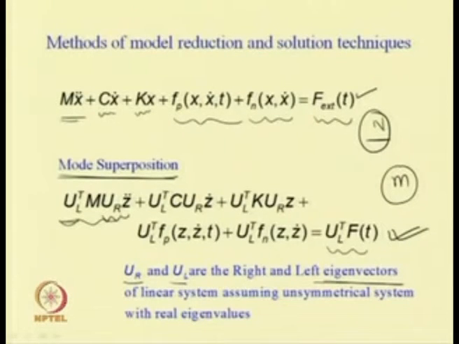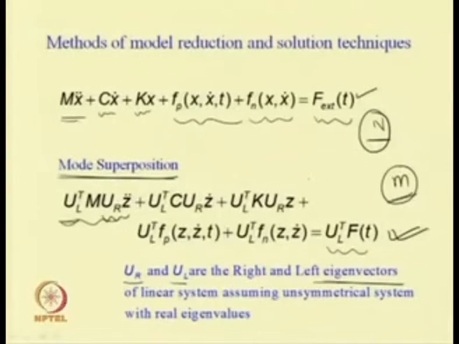From the properties of these eigenvectors, one can know that these will reduce to size m cross m if we take m modes. By taking only the first few modes, say 2 modes, this equation will reduce to 2 by 2.